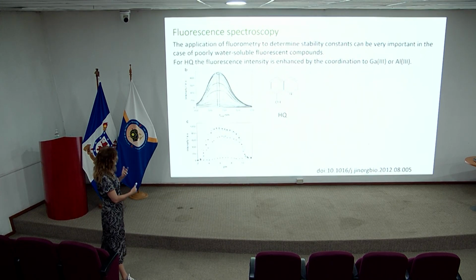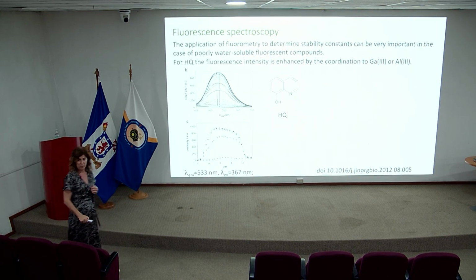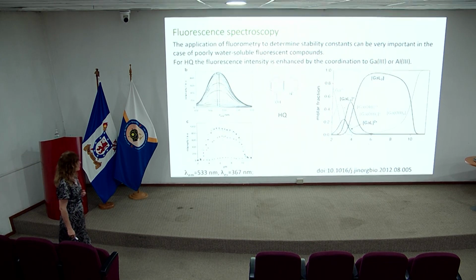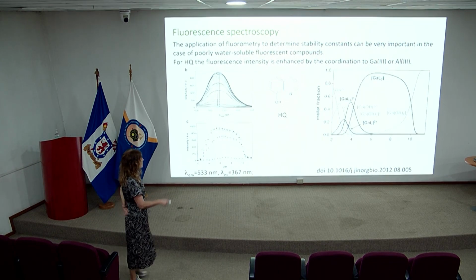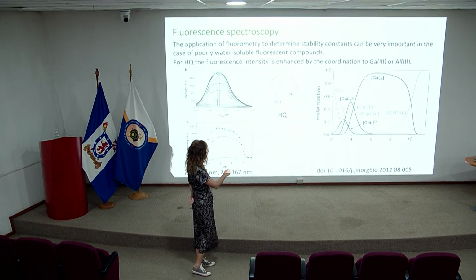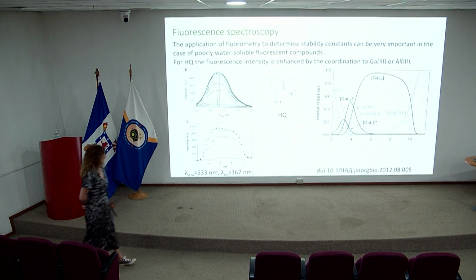And so with this data, these are the excitation and emission wavelengths that were used, so emission in the visible range, and it was possible to determine the speciation using fluorescence. And you can see that this increase and decrease is due to the formation of the gallium complexes with 8-hydroxyquinoline ligands.